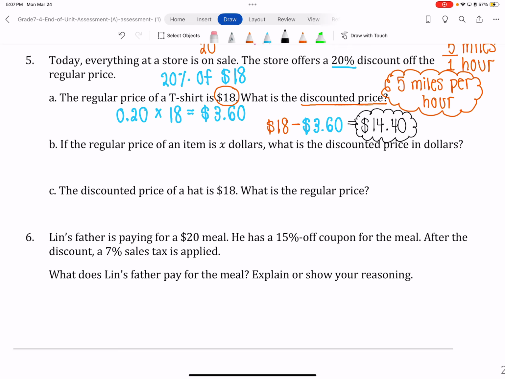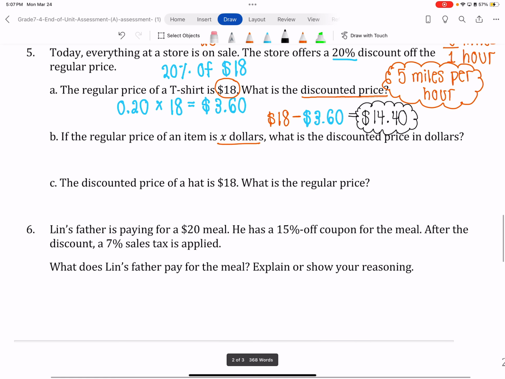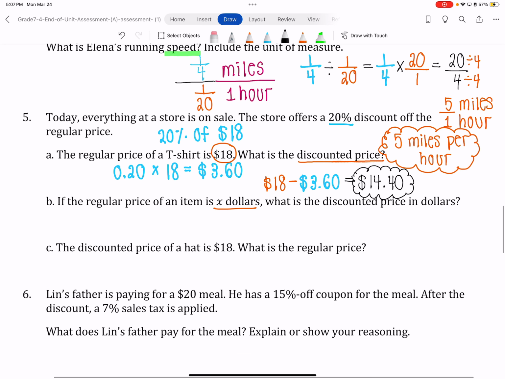Part B. If the regular price of an item is X dollars, what is the discounted price in dollars? Well, this time, remember in the previous problem how we were able to just do 18 minus what 20% of 18 was?